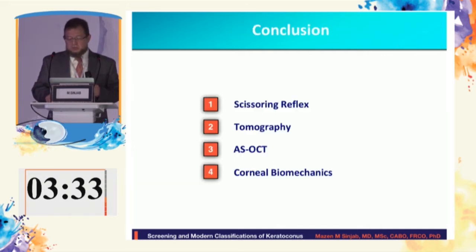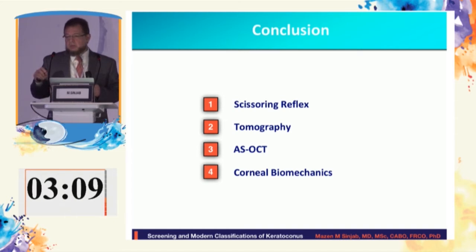So as a conclusion, scissoring reflex is a very important tool in your right hand in your clinic to detect early keratoconus. And I usually do it for every patient coming even for allergy. Tomography is important not only for diagnosis, but for staging and for giving names to the entities that we see.